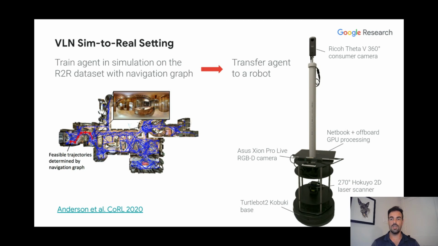This particular TurtleBot we've equipped with a consumer-grade 360-degree camera in an effort to reduce some of the domain differences between the Matterport training data and the experience of the robot. We've mounted this camera about 1.3 meters above the ground, which is similar to a Matterport camera on a tripod. And the robot's also equipped with a laser scanner and a forward-facing RGBD camera, which is used for obstacle avoidance.